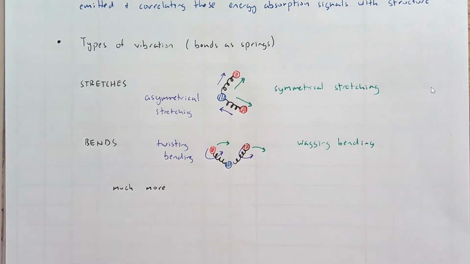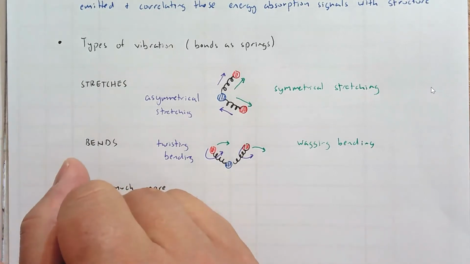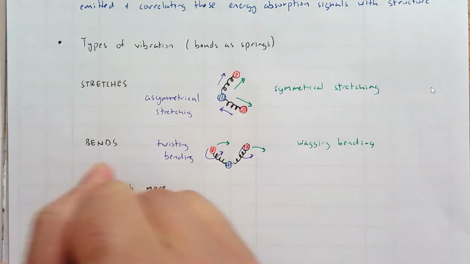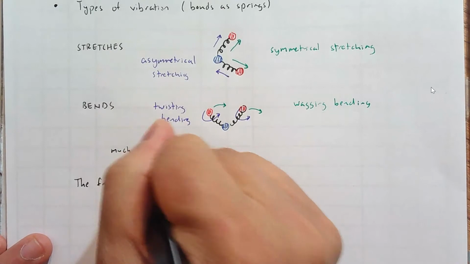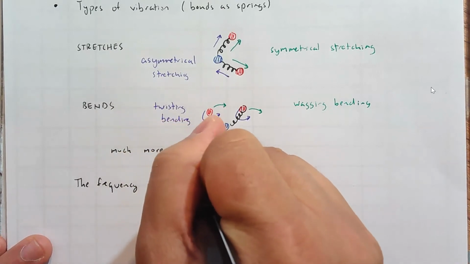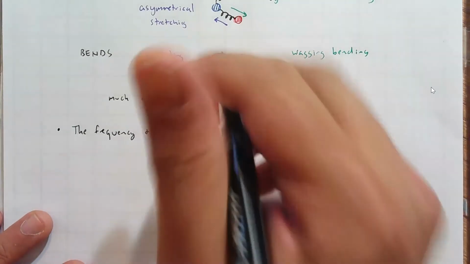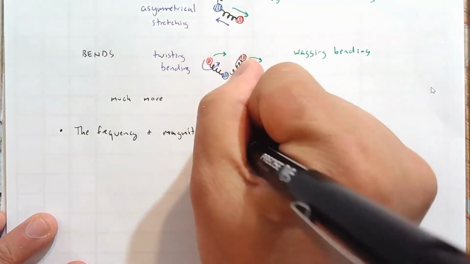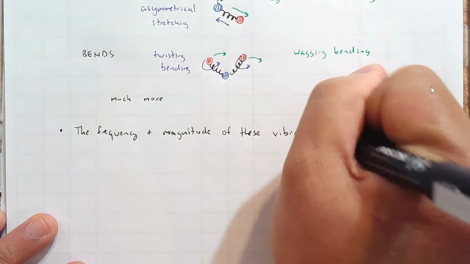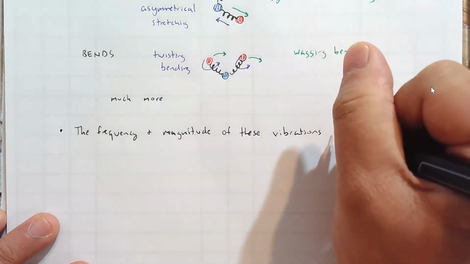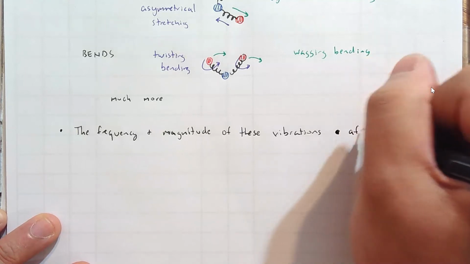Okay. So one of the main points here is that the frequency and magnitude of these vibrations affect the absorption of IR light.